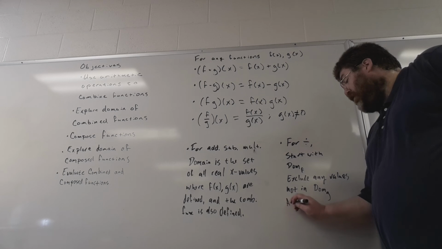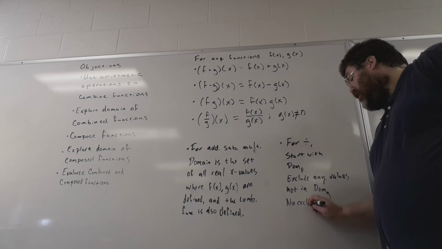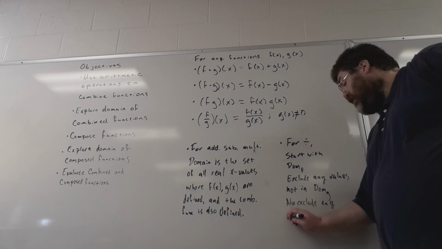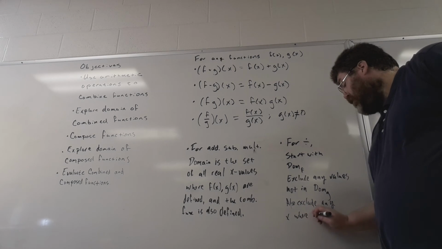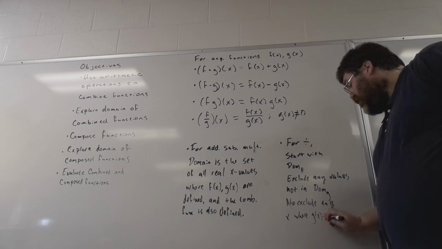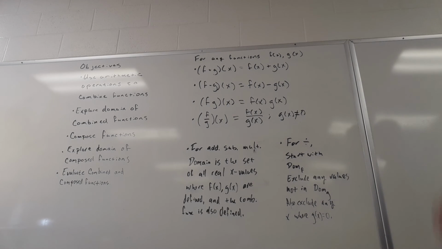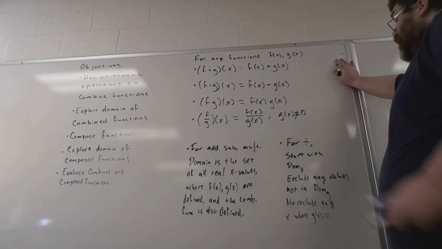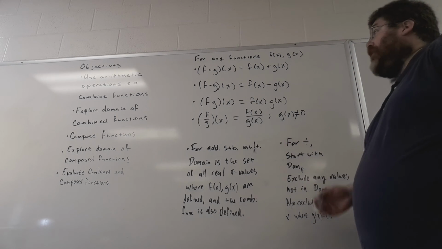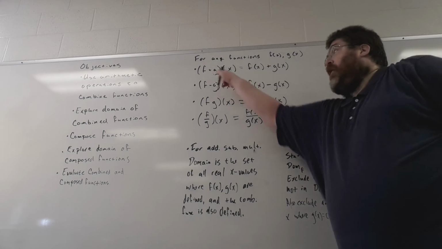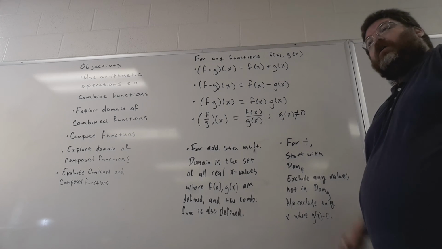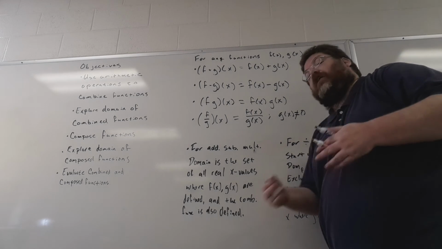And also exclude any x where g of x equals 0. So we start with the domain of x, and then we start excluding additional things. So basically what this means is our individual parts need to be defined, and our end result has to be defined as well. So start with one domain and then exclude values as we go.